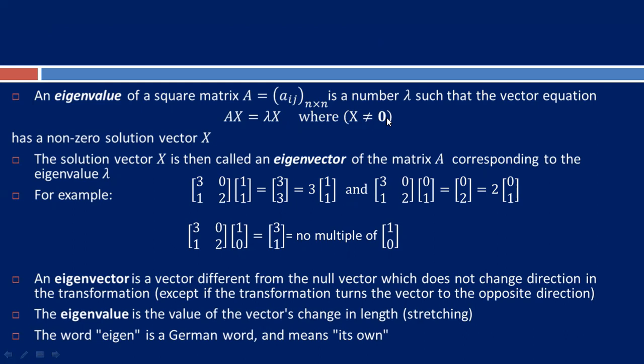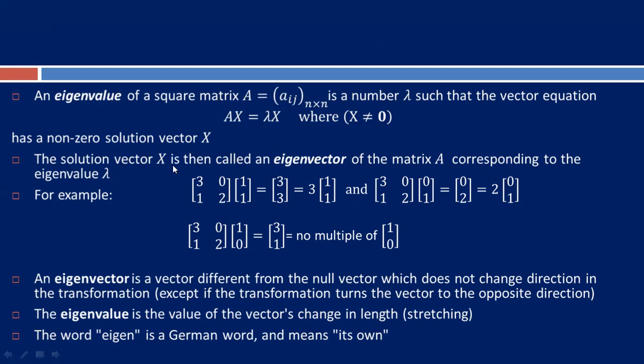Because when we put x equal to 0, then 0 multiplied by lambda is also 0, and our goal is to find the eigenvalue lambda. So we have nothing to find. That's why x is not equal to 0. The equation has a non-zero solution vector x.